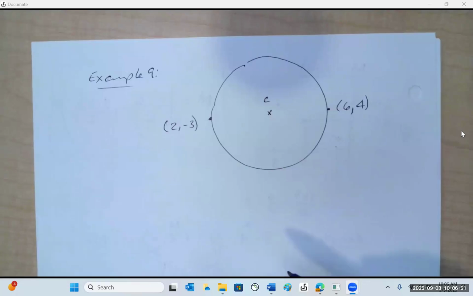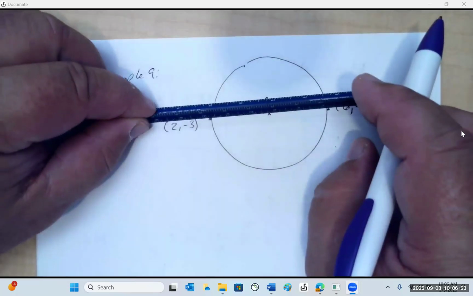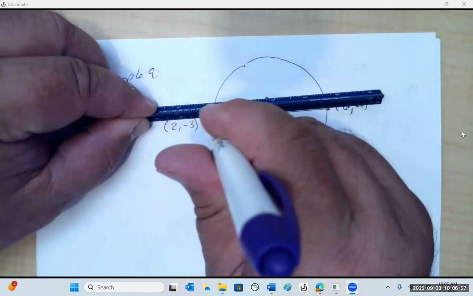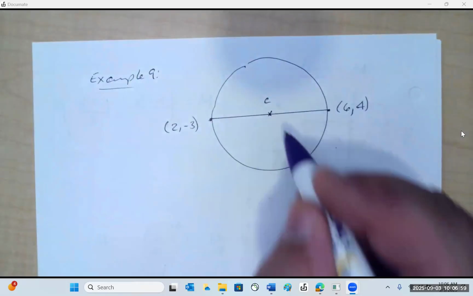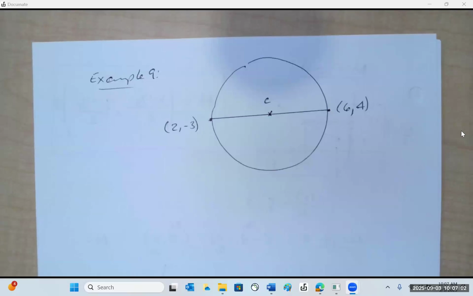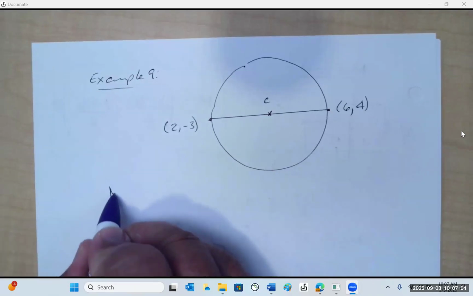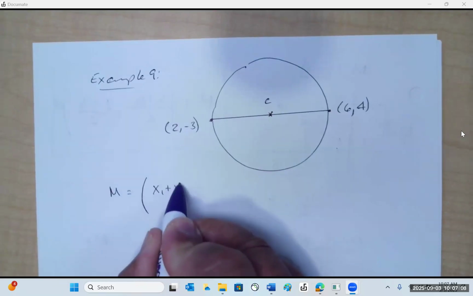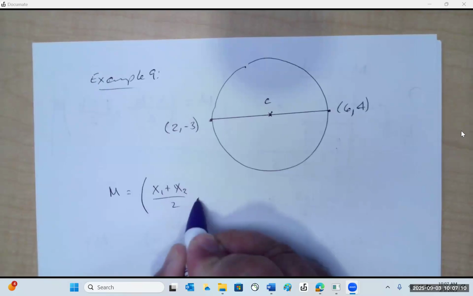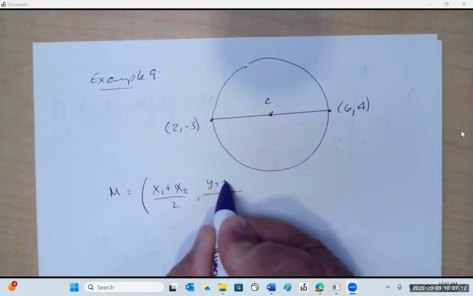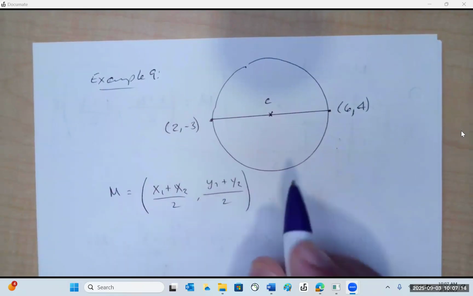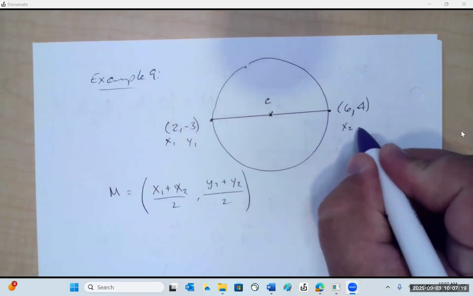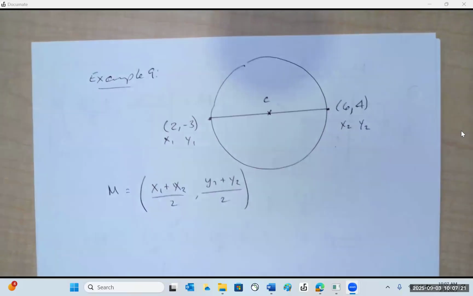Well, if I drew a line from one side of the circle to the other side of the circle, I would have to go through the center, which is halfway across it. So I'm looking for the midpoint. x1 plus x2 over 2, y1 plus y2 over 2. So this is x1, y1, x2, y2.